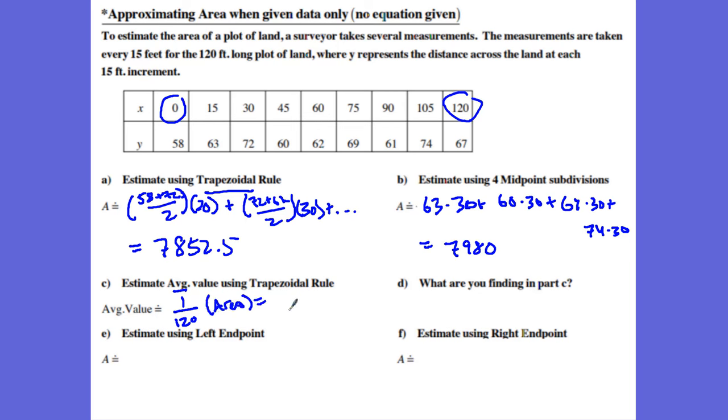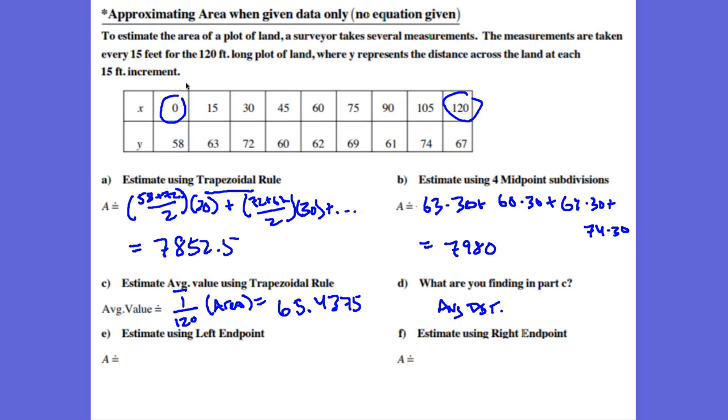So that's 1/120th of 7852.5, and that gives me 65.4375. And what this is finding is the average distance. You can see the problem says to estimate the area of a plot of land, a surveyor takes several measurements, and so that's giving you the average distance across the land.